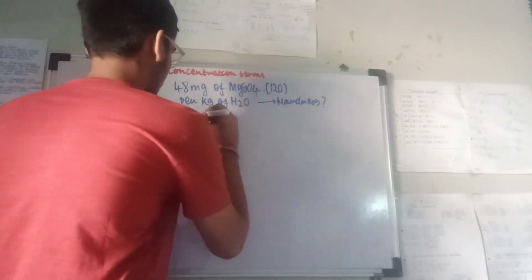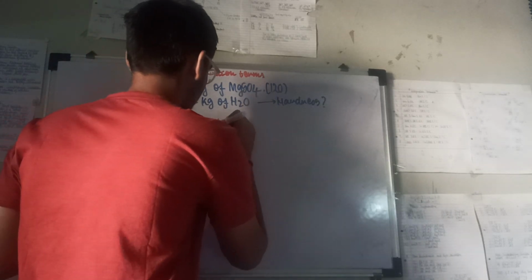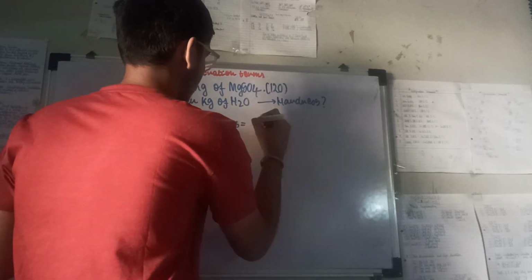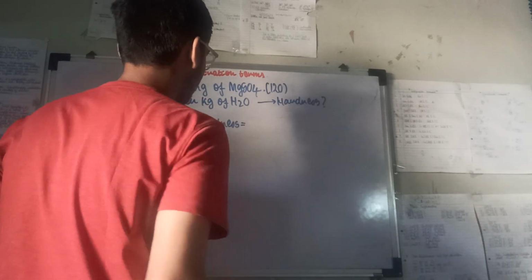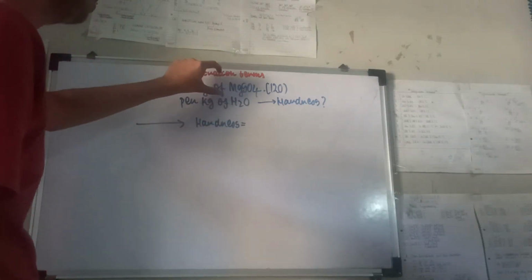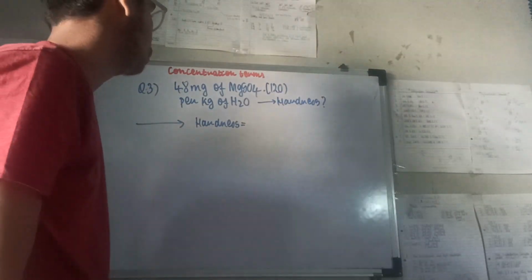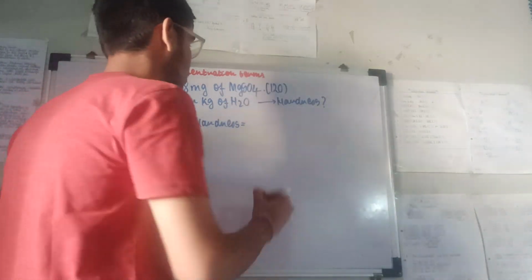Okay, let's write the formula. First, the simple method: write the formula. Hardness is equal to, here the formula was for calcium carbonate, but you know that hardness is affected by MgSO4 also, so we can consider that also.